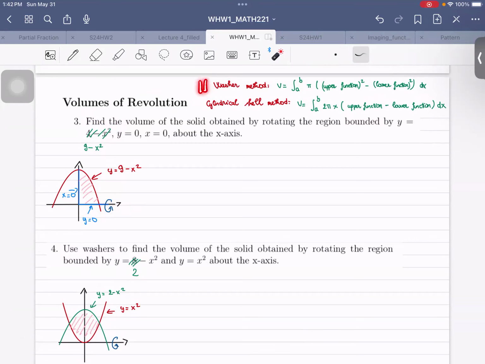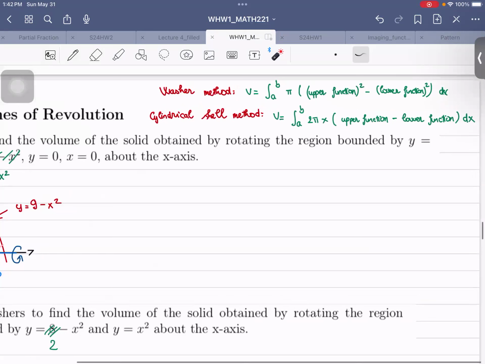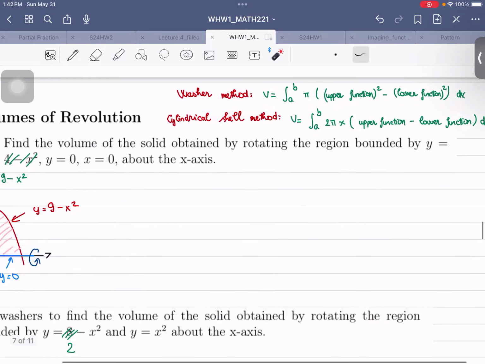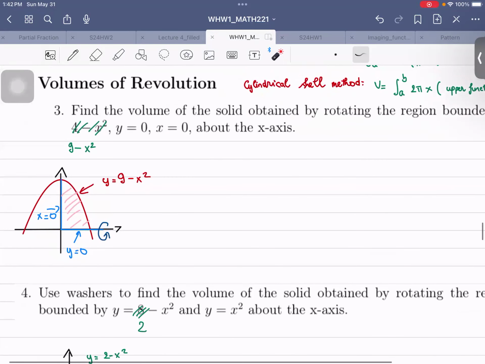If you want to use the Washer method, you need to know four things. You have to know the lower bound, the upper bound, the upper function, and the lower function. Okay. So up here, the region is bounded by 9 minus x squared.